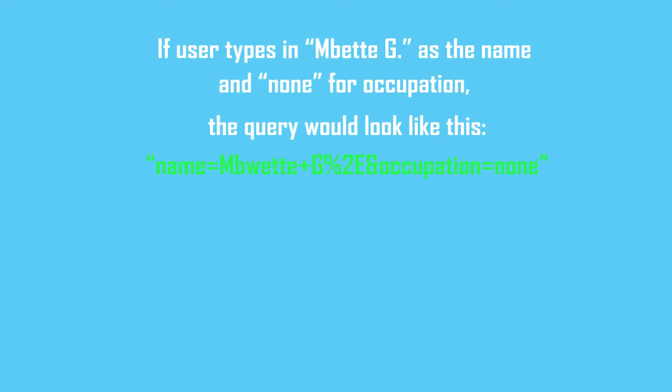For example, if a user types Mbwete G as the name and none for occupation, that means in the form you have a name value and occupation value. The query would look like this. You can see from the script, the name is filled as Mbwete G, but the occupation field is filled as none because I didn't put anything.